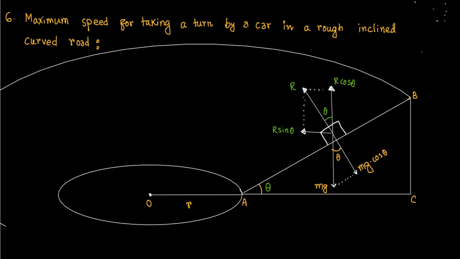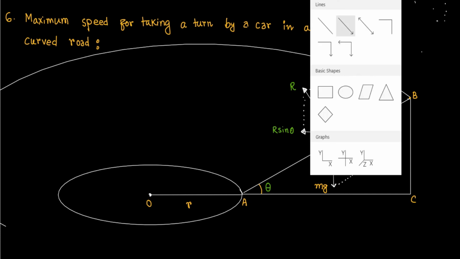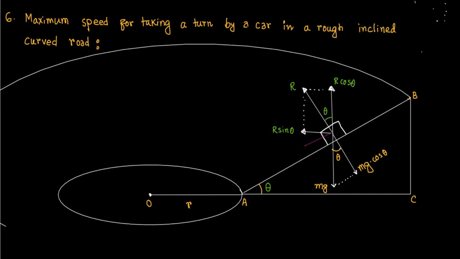Now we can denote the kinetic friction acting between the wheel and the inclined curved road. This is the kinetic friction Fk. Kinetic friction acts down the inclined plane AB, and this kinetic friction Fk is resolved into two rectangular components.